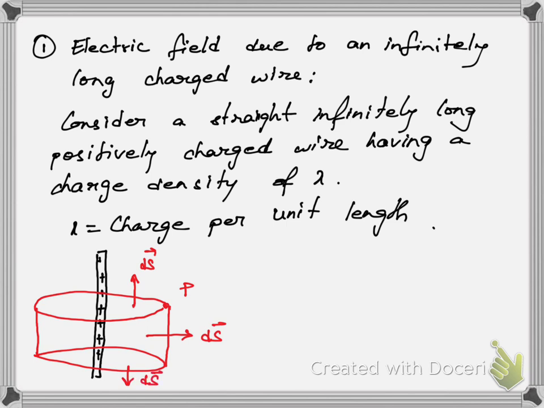Now the integral form of Gauss's law says that the integral of the dot product of E and ds is equal to Q net by epsilon naught, where your Q net is the net charge enclosed by the Gaussian surface, and we are going to assume that the height of the Gaussian surface is L. So if the height of the Gaussian surface is L, the net charge will be lambda, which is your charge per unit length, times L.